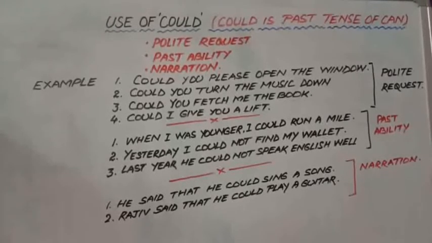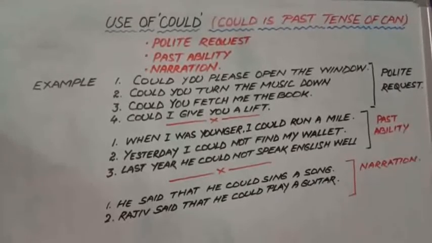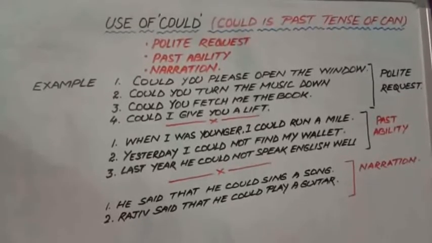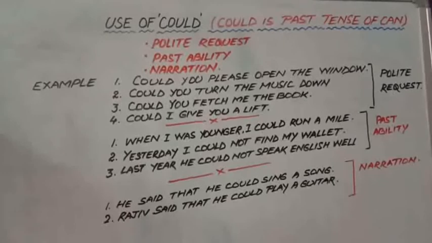The first group is of polite request, the second group is of past ability, and the third group is of narration. As you can see in the heading it is written could is the past tense of can. So remember that could is the past tense of can.